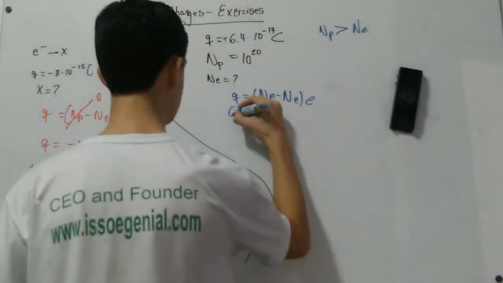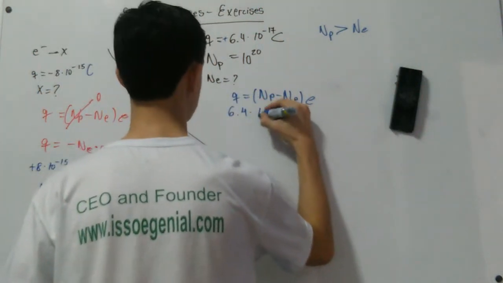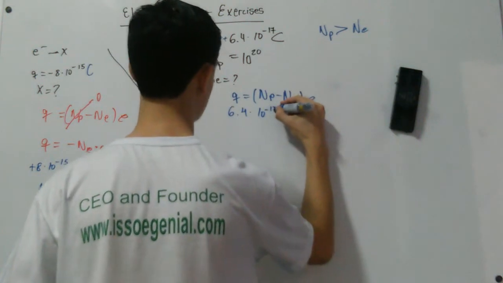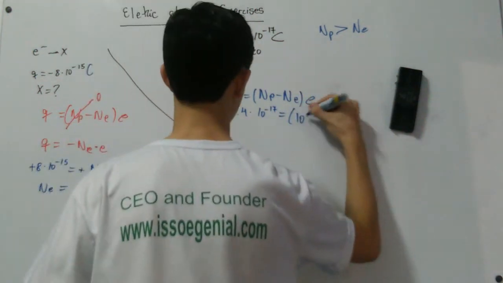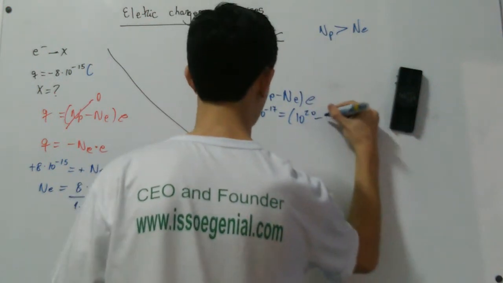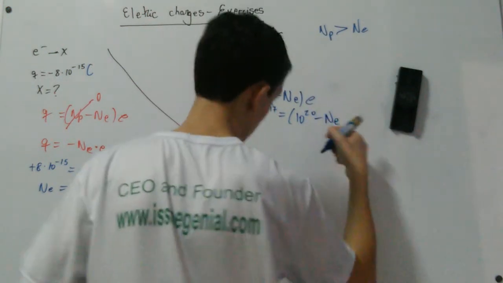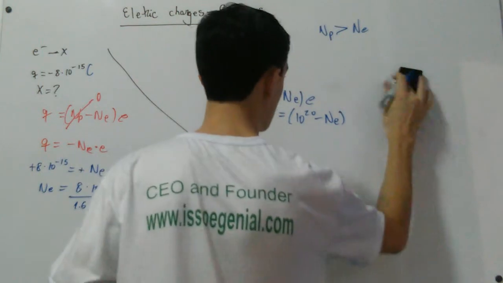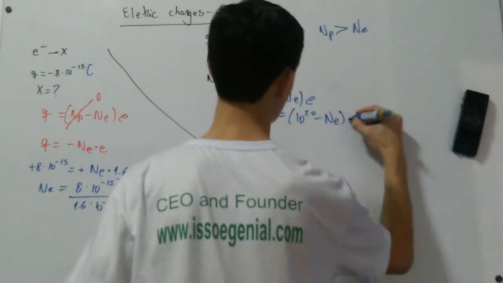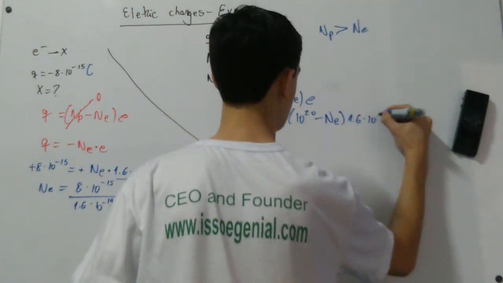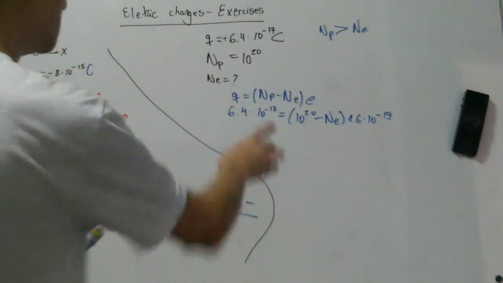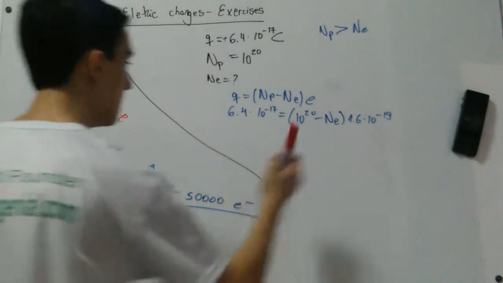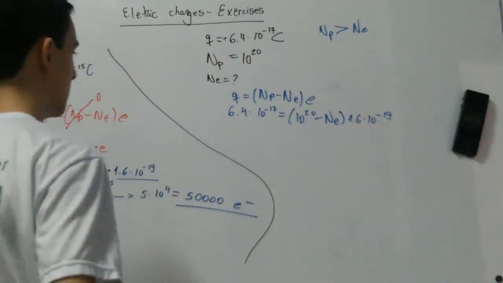So 6.4 times 10 to the negative 17 is equal to the number of protons, 10 to the 20, minus the number of electrons, multiplied by E. E, the fundamental charge, 1.6 times 10 to the power of negative 19. So we can divide both sides by 1.6 times 10 to the power of negative 19.